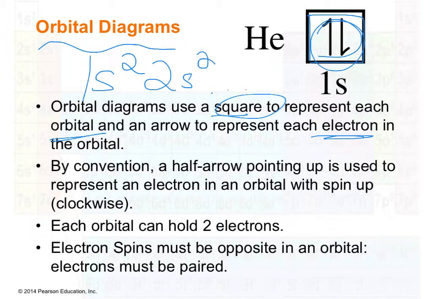As a reminder, every orbital can hold a maximum of 2 electrons. By convention, an upward pointing arrow represents an electron spinning in the clockwise direction, and the downward arrow represents an electron spinning counterclockwise.